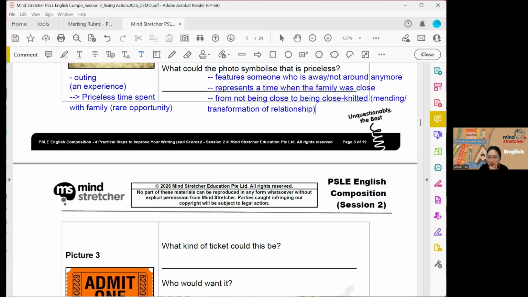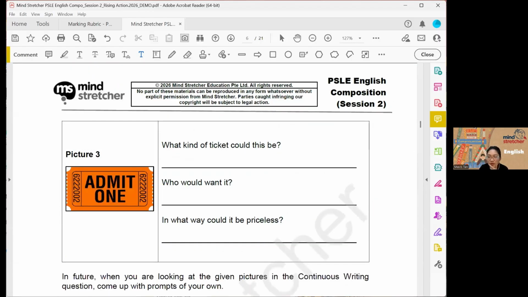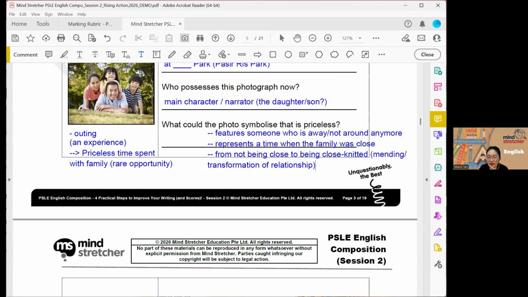The last one, some student, third question. Oh, third question. That you go for an outing with a loved one who passed on. Yeah, someone who is perhaps not around anymore or has gone far away to work. Okay, that's possible. A lot of our migrant workers in Singapore, their families are back in their home country, right?